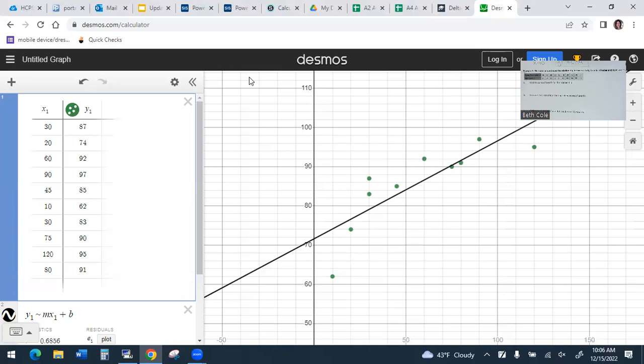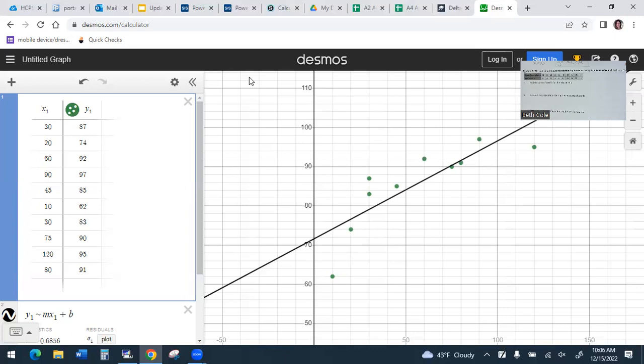Oh. All right, does everyone's screen look like mine?